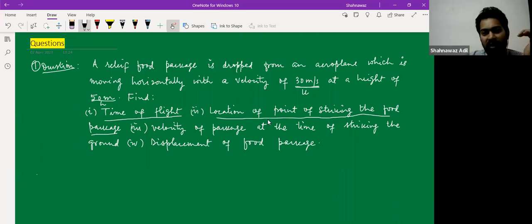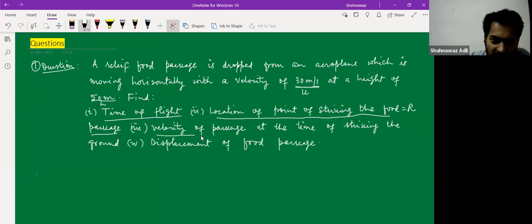How much distance it has covered in the X direction. Yes, the maximum distance. And this was what? Range. Yes, so this was R, right.